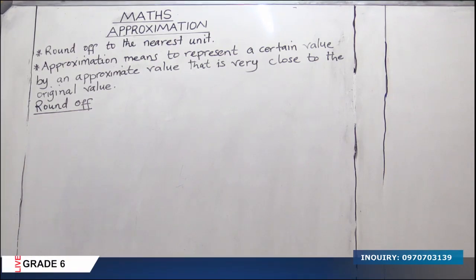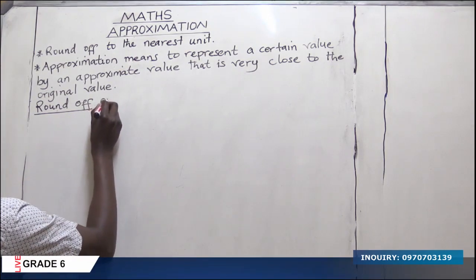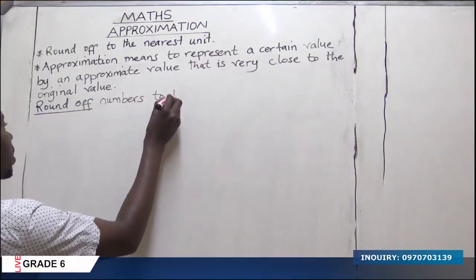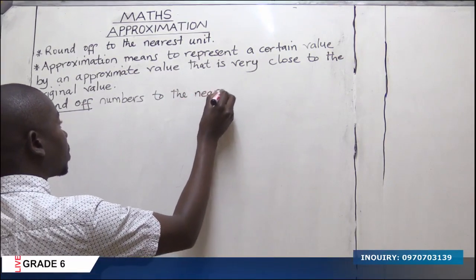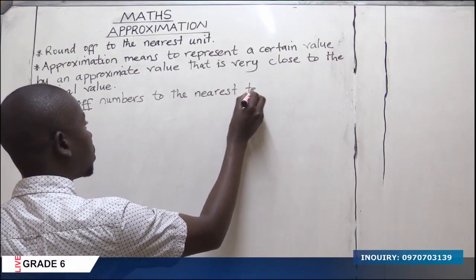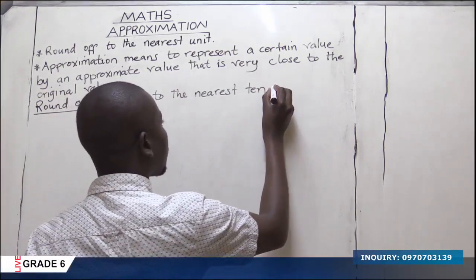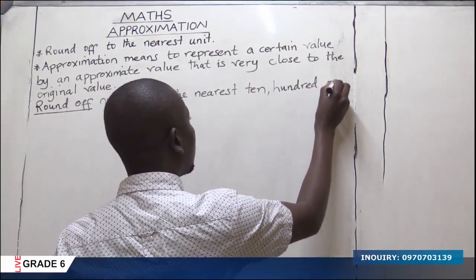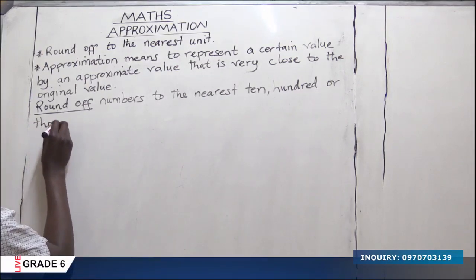We are going to look at how to round off numbers to the nearest 10, 100, or 1,000.